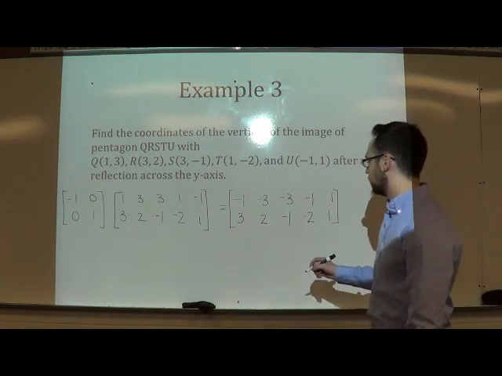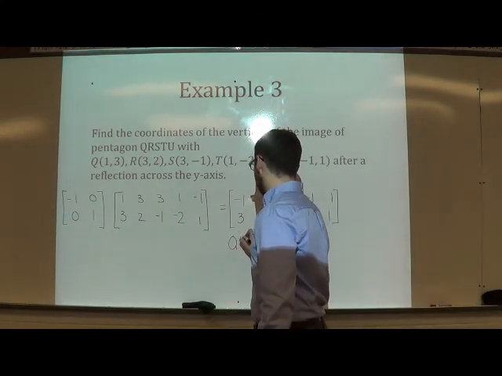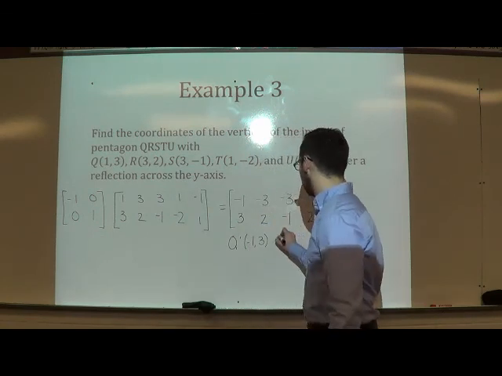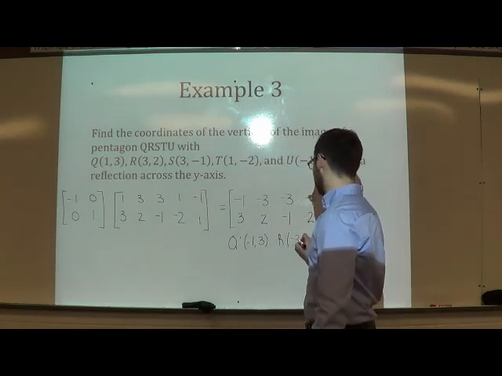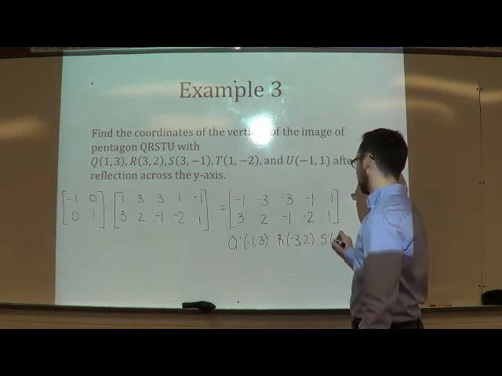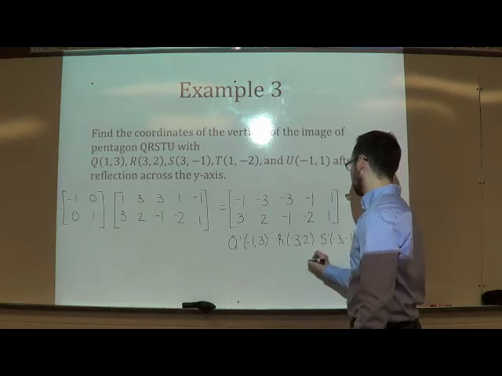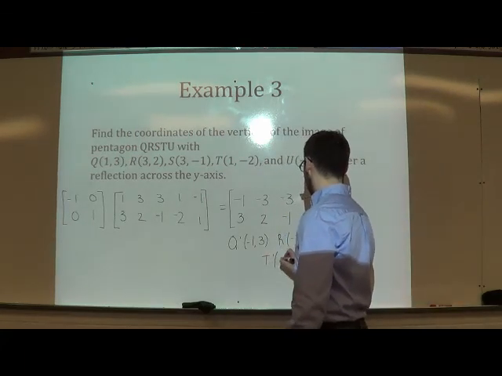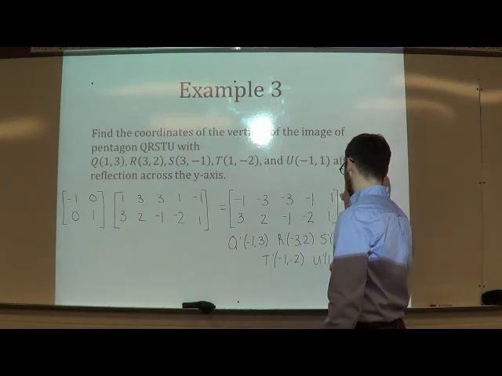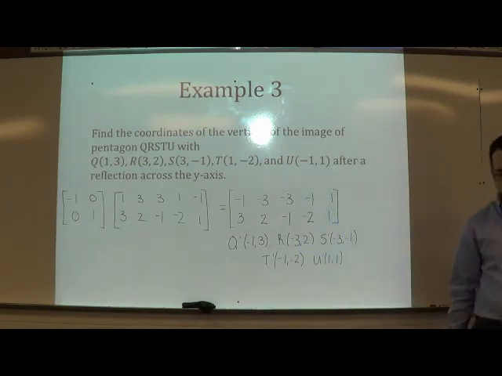I'm just going to rewrite these with the prime notation. Q prime is negative 1, 3. R prime is negative 3, 2. S prime is negative 3, negative 1. T prime is negative 1, negative 2. And U prime is 1, 1. Those are the coordinates if we have reflected this over the y-axis.